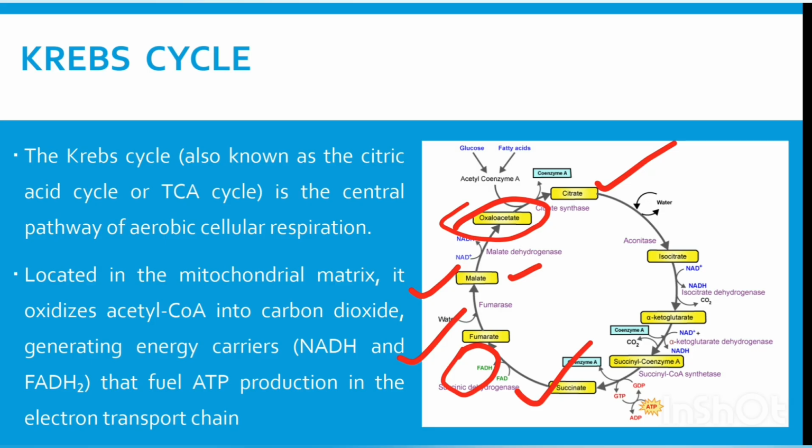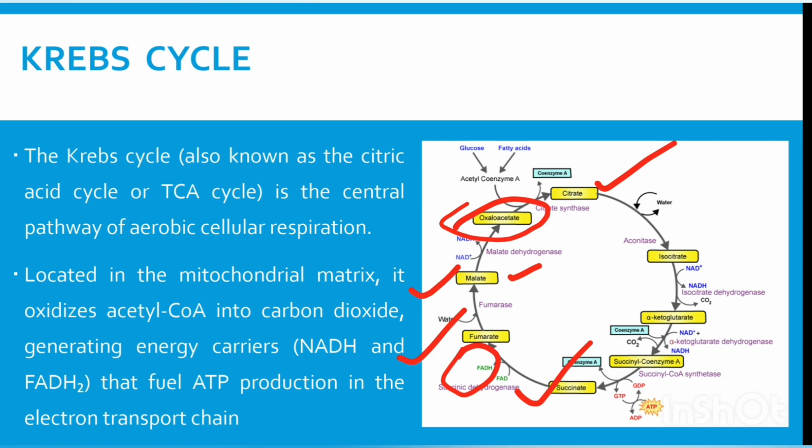So at the end of this Krebs cycle we have 6 carbon dioxides, 4 ATPs, 10 NADH and 2 FADH2. These are the overall products.